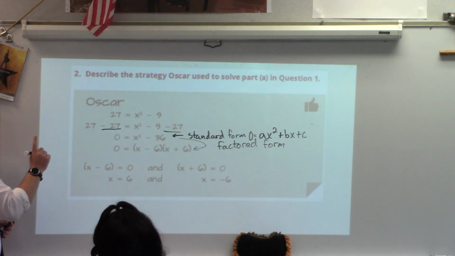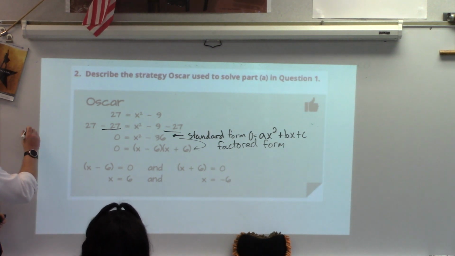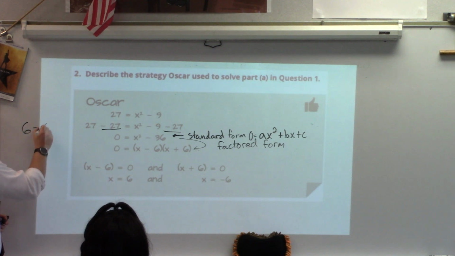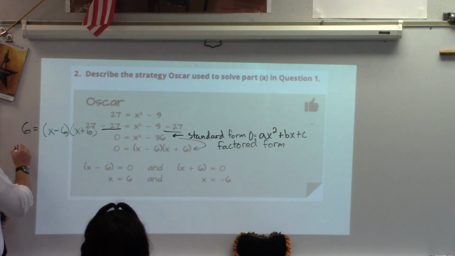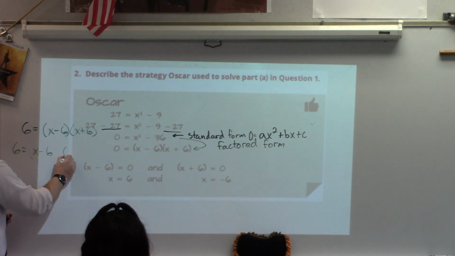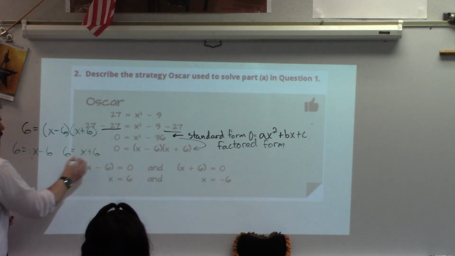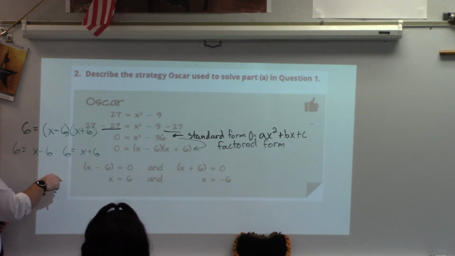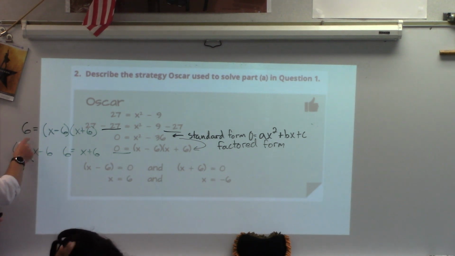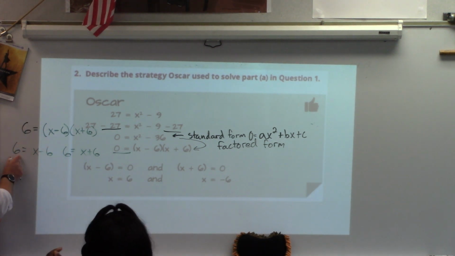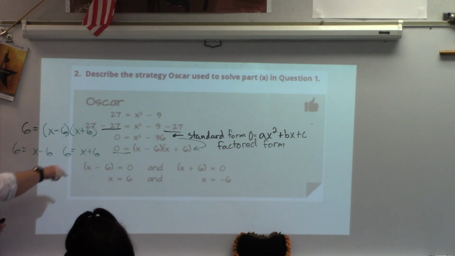Okay, so let's pause for a second. We're gonna come back to it. Let's say 6 is equal to x minus 6 times x plus 6. Can I then say 6 is equal to x minus 6? He said them both equal to 0. Well, hold on. In that same vein, you're saying he said them both equal to 0, but it's because it was equal to 0. Yes. Can I then split this into 6 equals x minus 6 and 6 equals x plus 6?